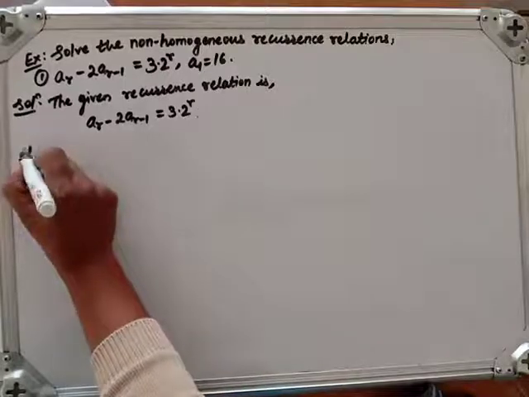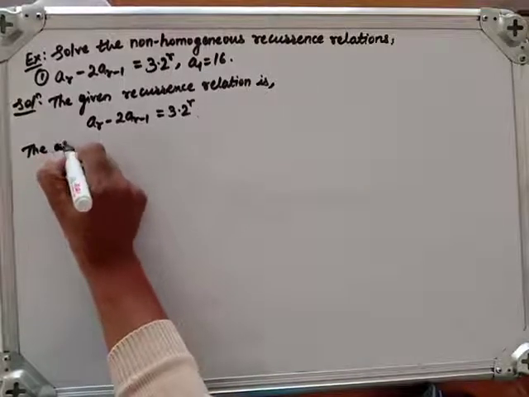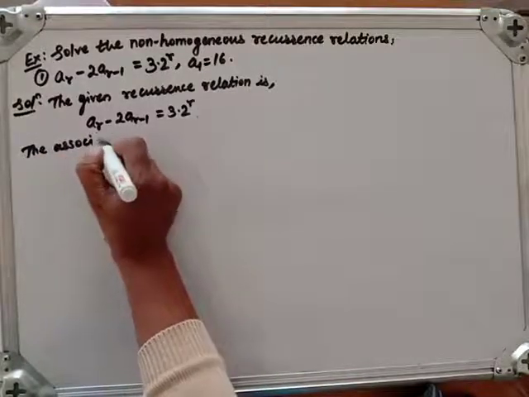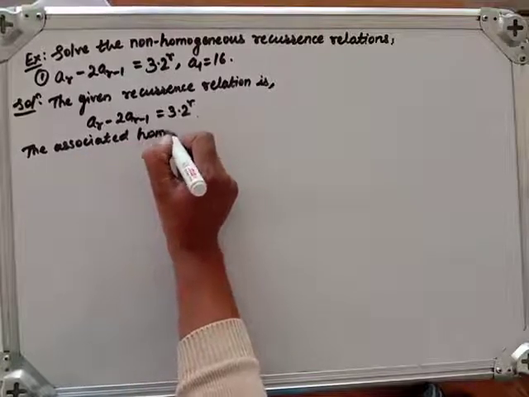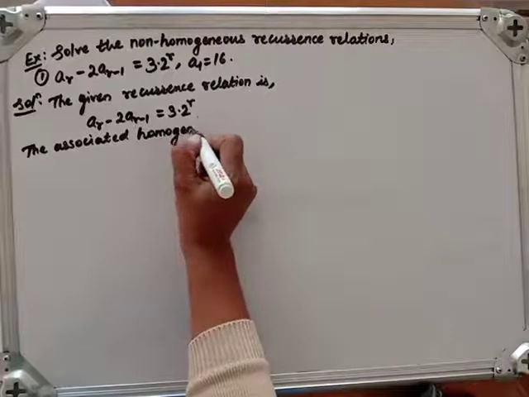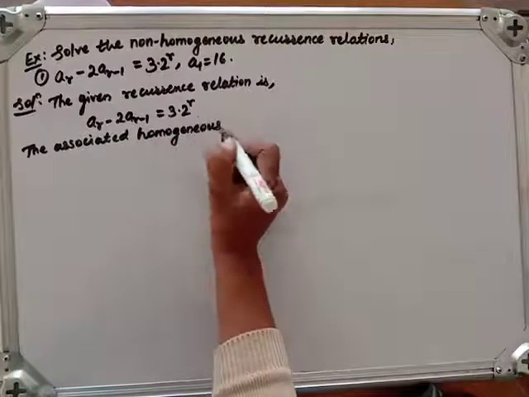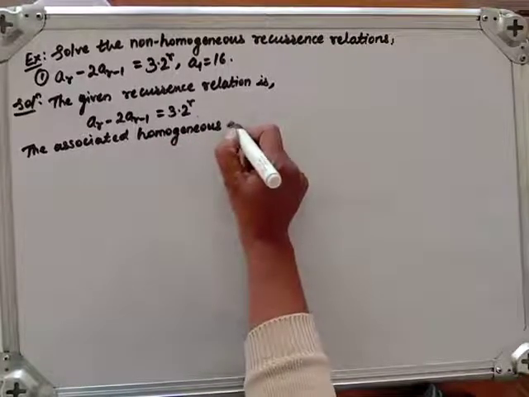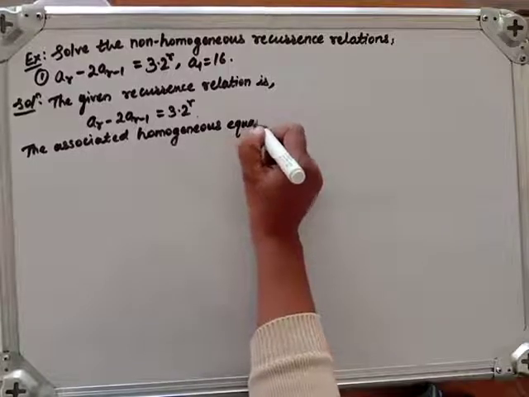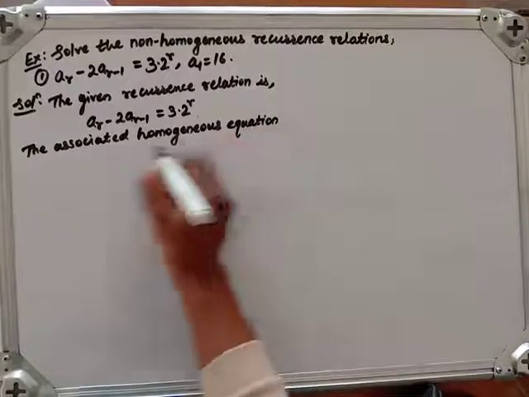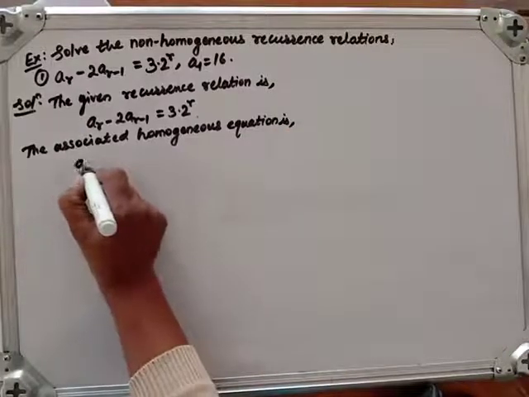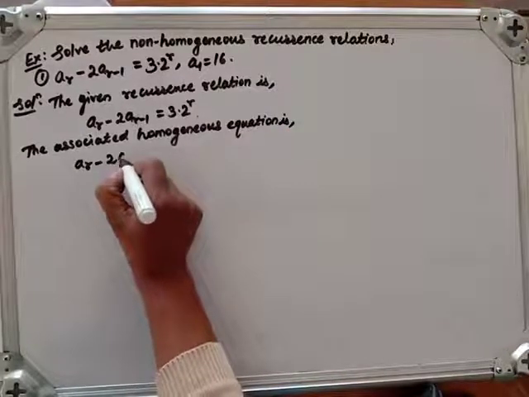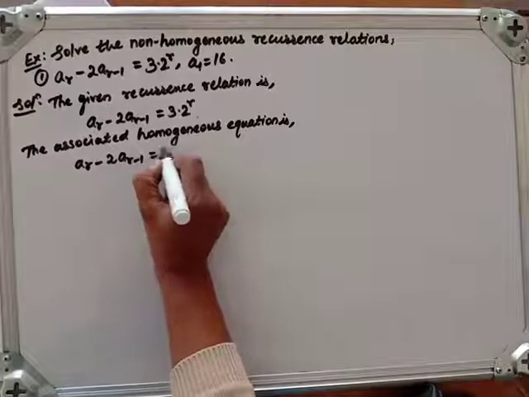Now the associated homogeneous recurrence relation, or the homogeneous equation, is a_r minus 2 a_(r-1) is equal to 0.